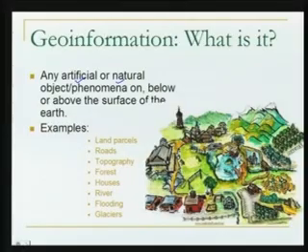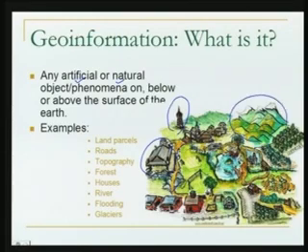We can find the geoinformation in terms of the roads or the houses, maybe a tower, the topography, hills there, the jungle, the forest, a water body, the hedges, a playground, another playground, or maybe some house and the fields, some other land use or land cover. So this all is the geoinformation. So whatever you see on the surface of the earth, or we also go slightly below it or maybe slightly above it, is the geoinformation.